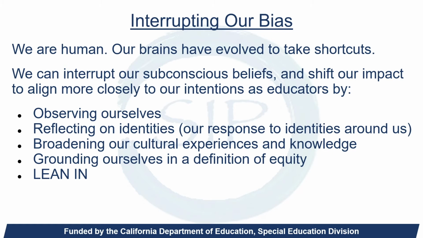We can also reflect on identities as we're doing now. We can broaden our cultural experiences and knowledge of others, grounding ourselves in a definition of equity, and most importantly, leaning into the work. As previously mentioned, this is a lifelong journey.